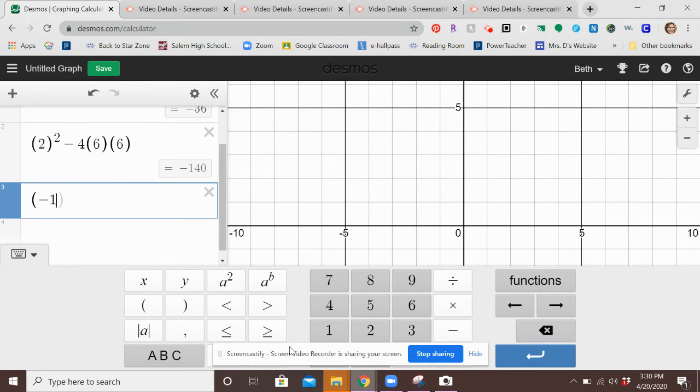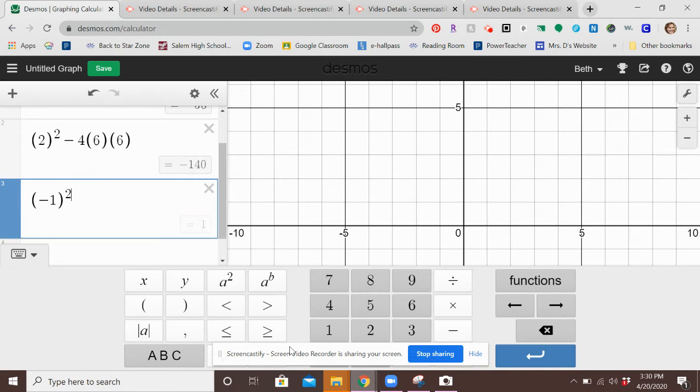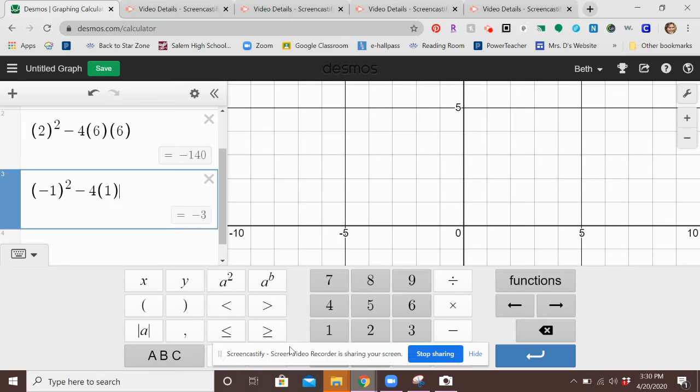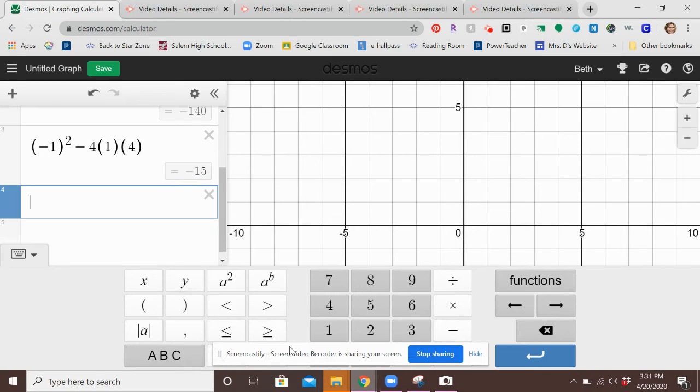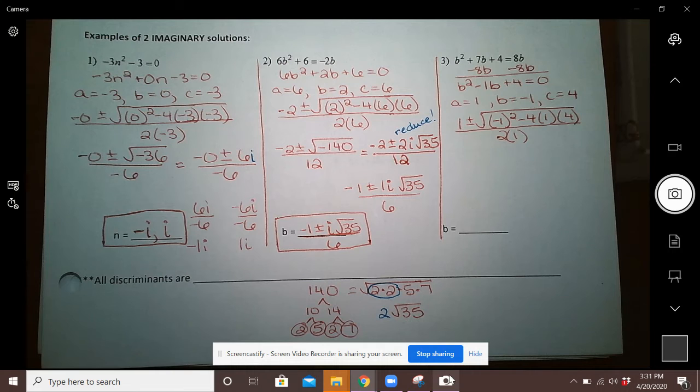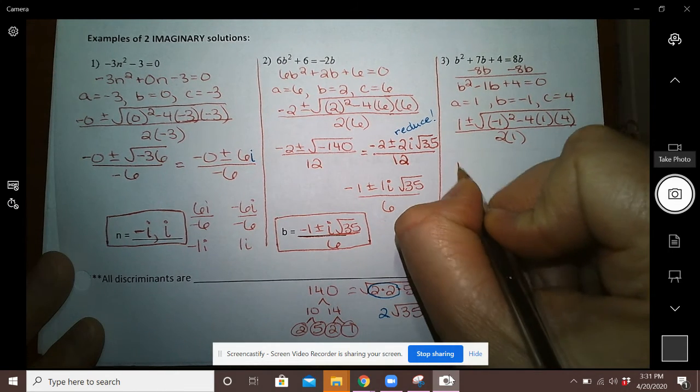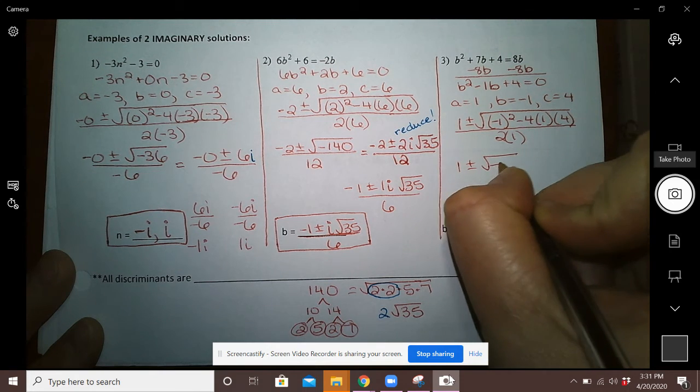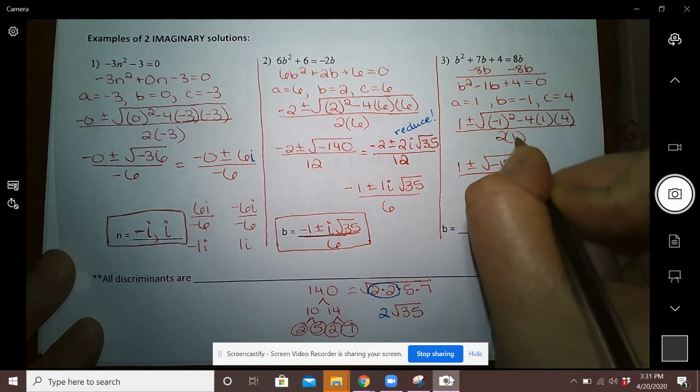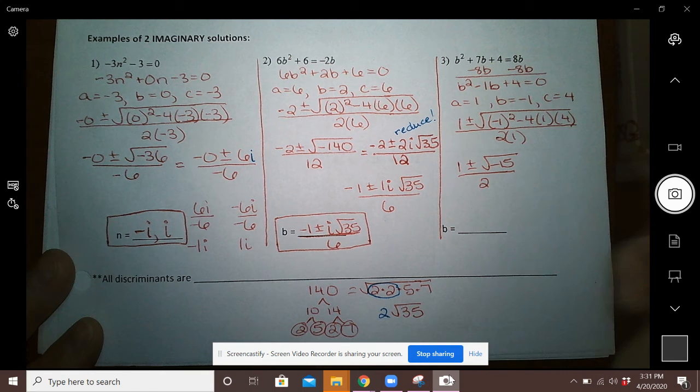My calculator is going to help me solve the discriminant. I get a discriminant value of negative 15. Negative 15 beneath the radical. 1 plus or minus the square root of negative 15 all over 2 times 1 is 2.